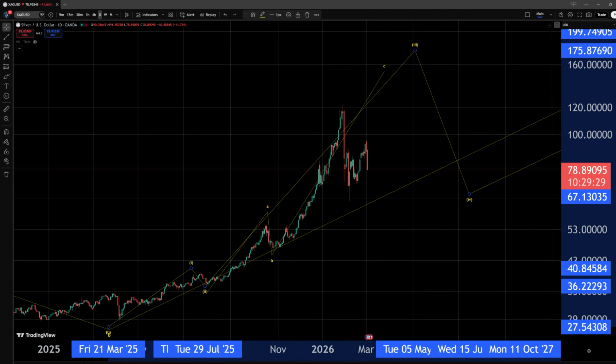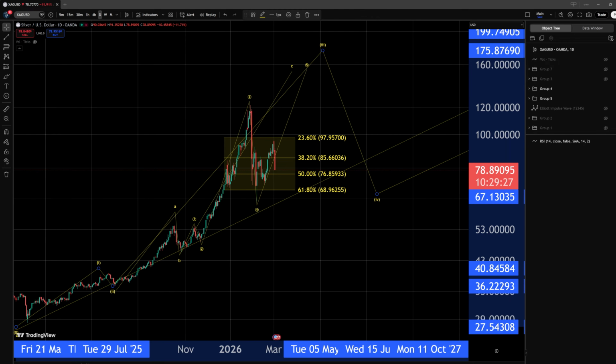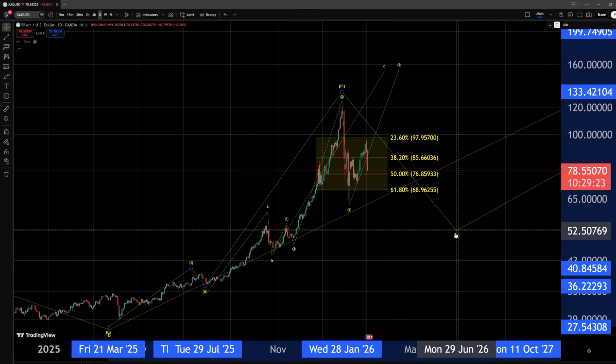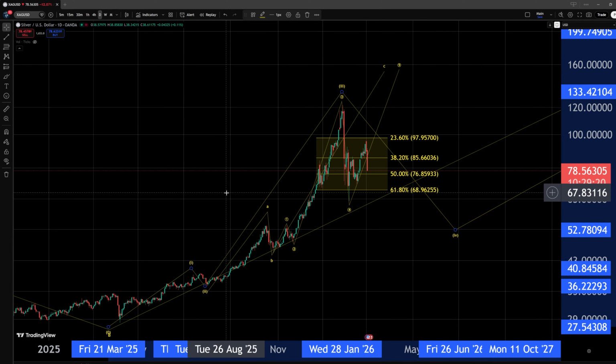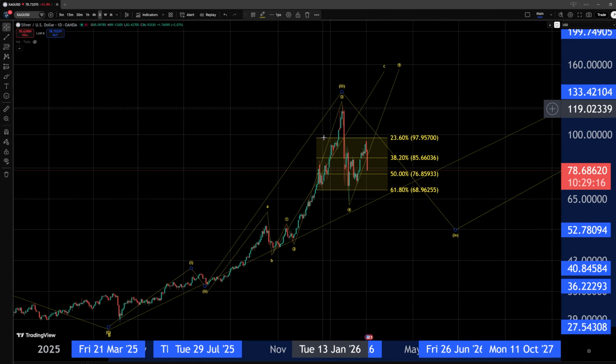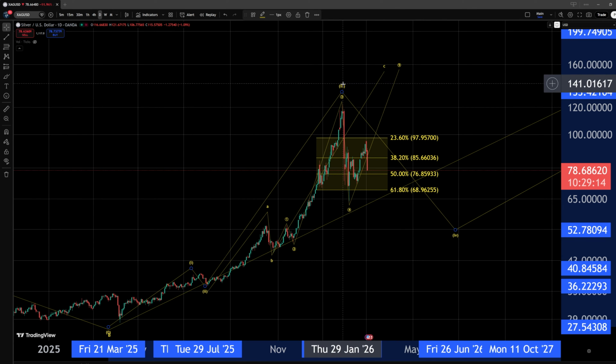Now, if it so happens that we break our internal support and we start the larger wave 4 correction directly, I wouldn't hold it against it, I would still track that interpretation, but at this point I do still strongly prefer that we extend in a more direct fashion higher.